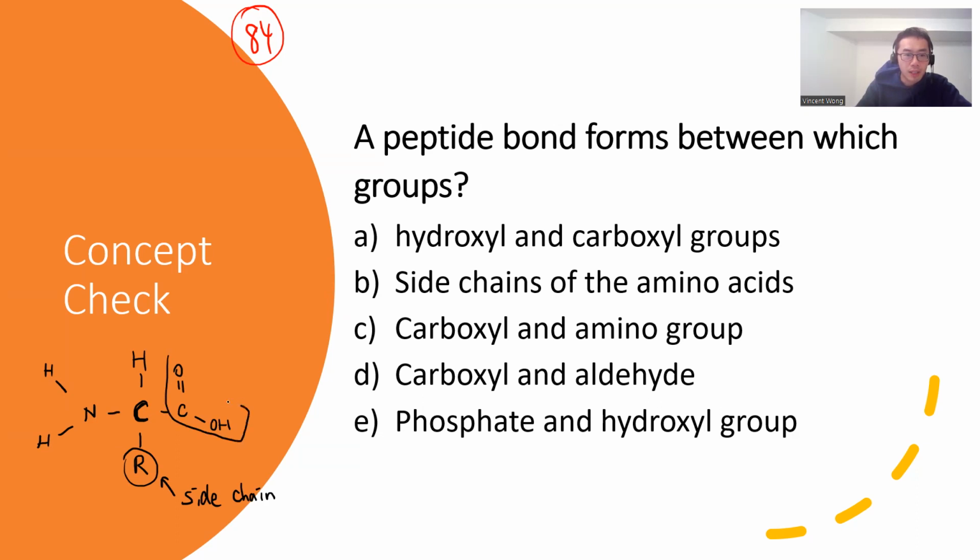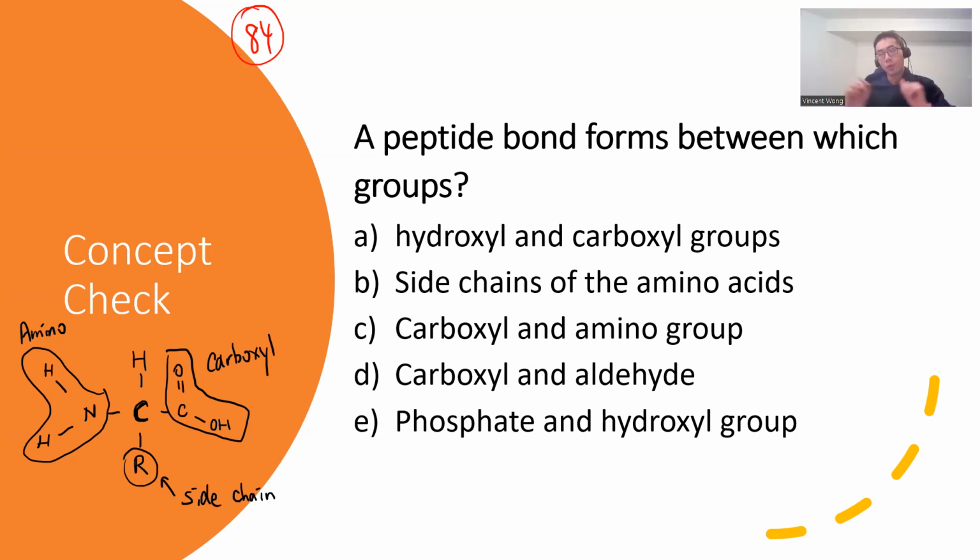Now this group over here, that is called a carboxyl group, whereas over here, that is called an amino group. So when you have two amino acids side by side, the carboxyl group will join with the amino group to form a peptide bond.